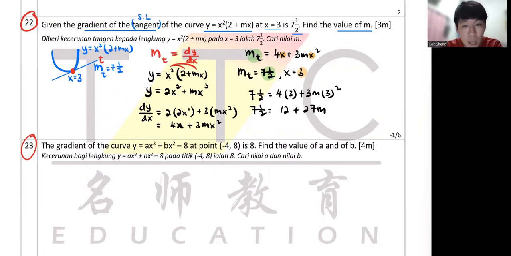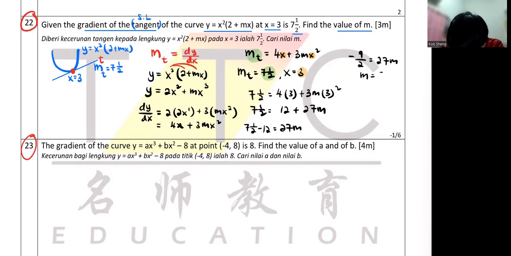So bring over 7 1/2 minus 12, press again, negative 9 over 2. So negative 9 over 2 divided by 27. Yay, for the answer.